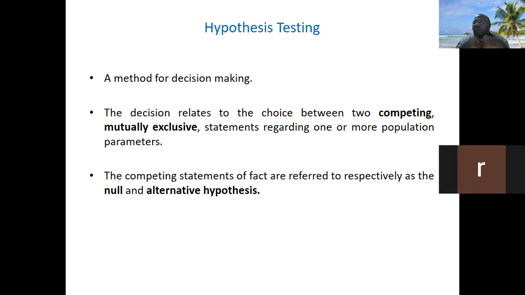And here, if you remember when we started discussing, under basic concepts of statistics and descriptive statistics, we talked about population, we talked about sample, inferential statistics, descriptive statistics, parameter, we talked about many things.